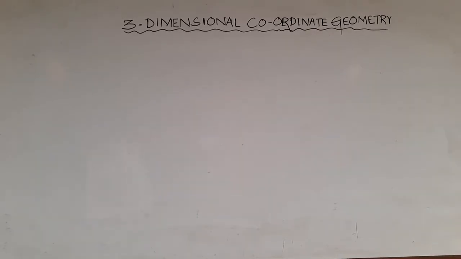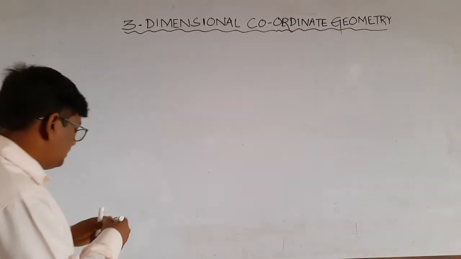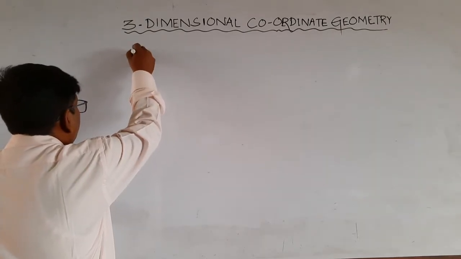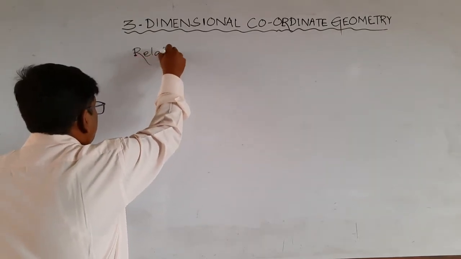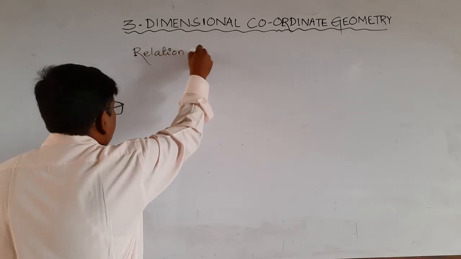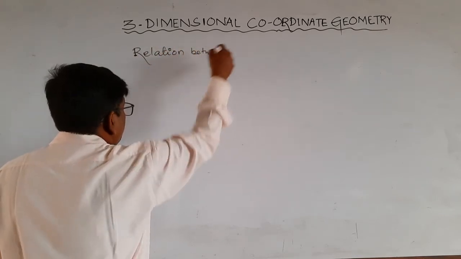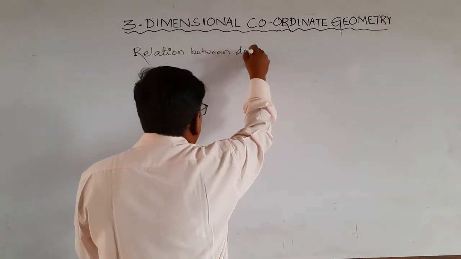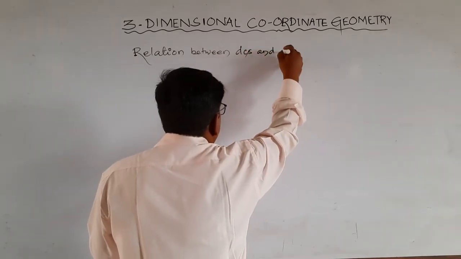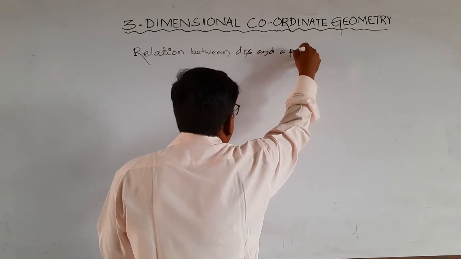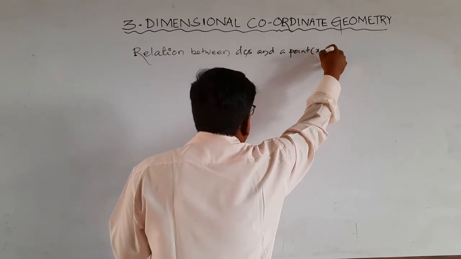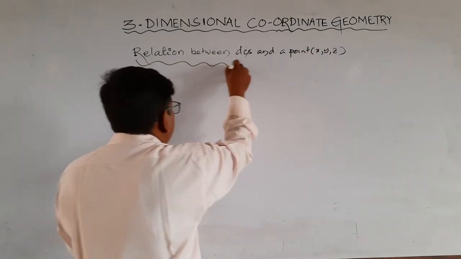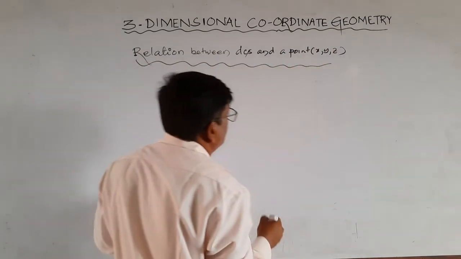A relation between DCS and a point x, y, z.